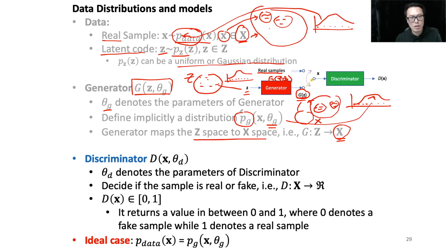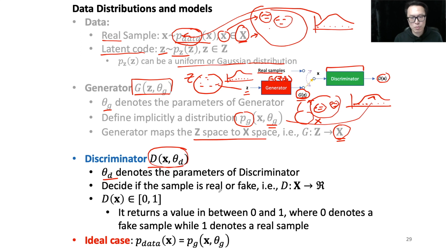Now the discriminator, the green guy here, is D(x, theta D). Theta D is the parameter of the discriminator, and this mathematical function describes the input-output relationship. When we change the parameter theta D, it will change the output D(x).